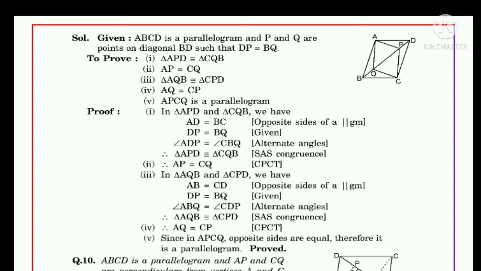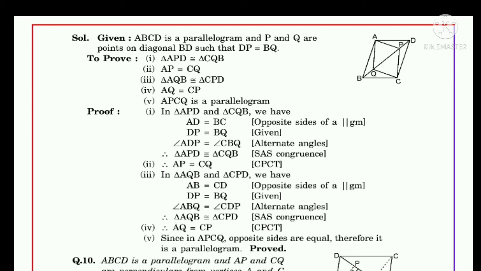So in these two triangles, APD and CQB, we can write AD is equal to BC. Why? Already we know opposite sides of a parallelogram are equal, so that's why we write AD equal to BC. Is it clear? Similarly, DP equal to BQ, already given.